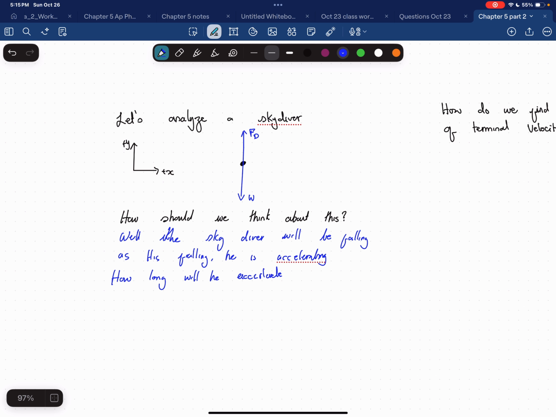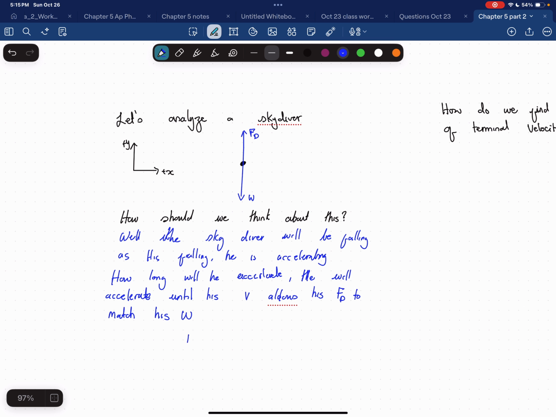As we know, acceleration is the change of velocity. So he will accelerate until his velocity allows his drag to match his weight.